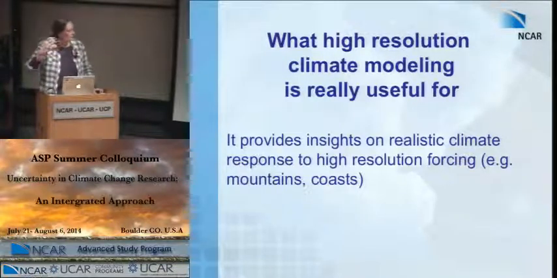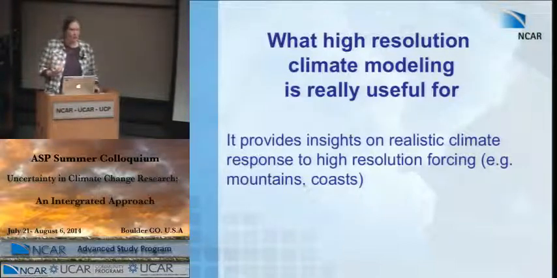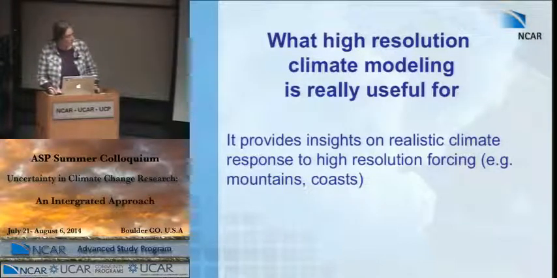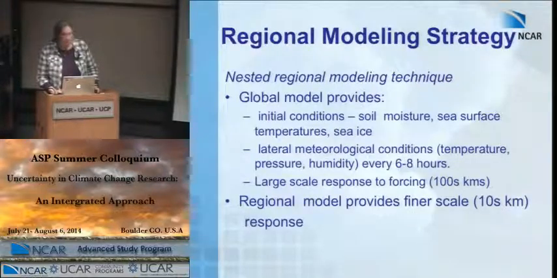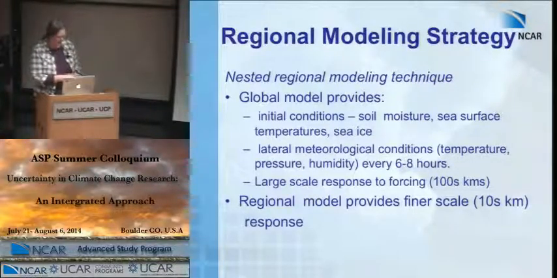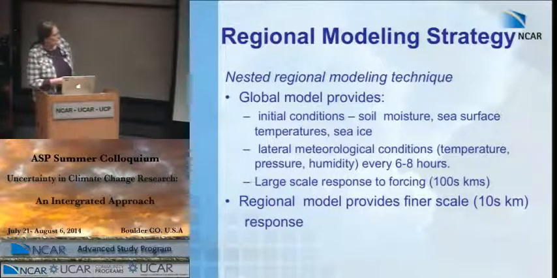Other things that I'll talk about later, not just mountains and coastlines, but also some very high-resolution atmospheric processes like convection, for example. So the basic regional modeling strategy is pretty straightforward. The nesting regional modeling technique: the global model provides the initial conditions, soil moisture, sea surface temperatures, sea ice, and it provides the sea surface temperatures throughout.